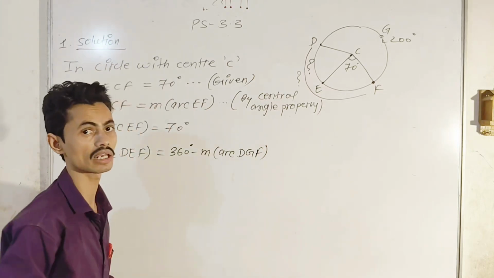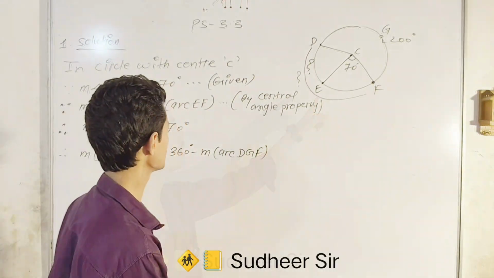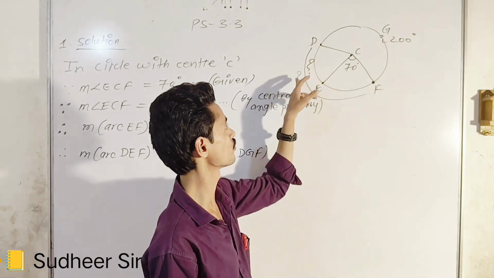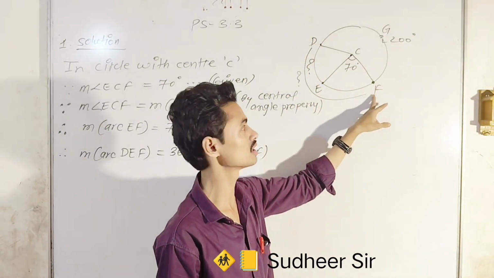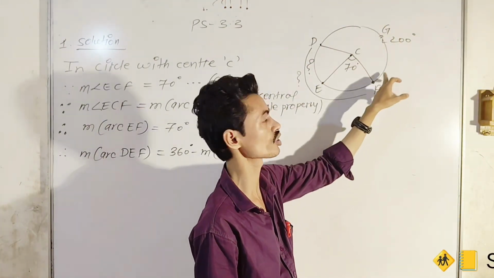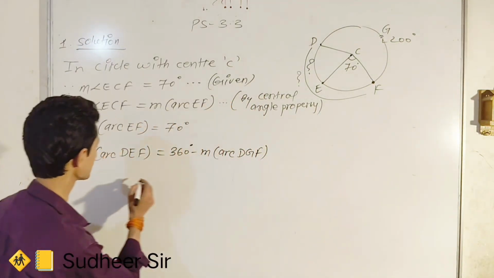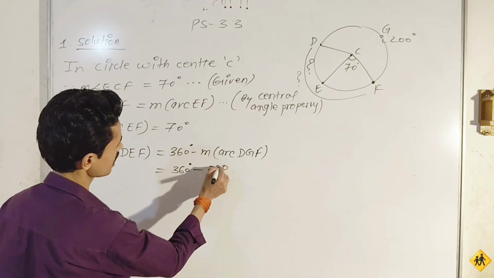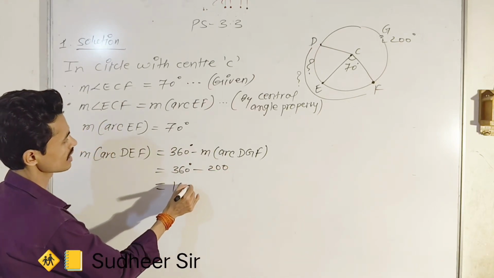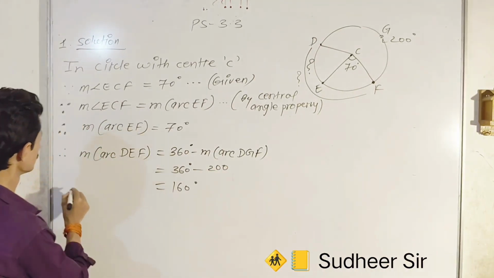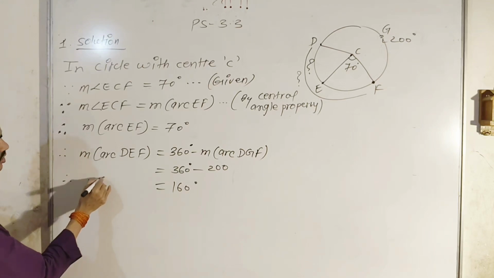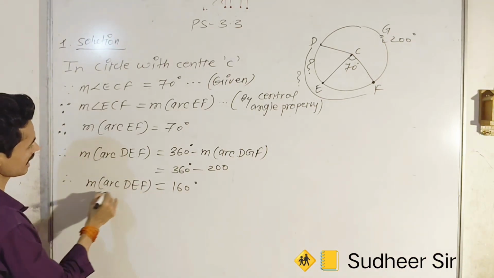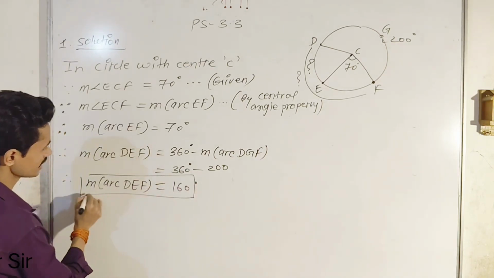I have written this step because a circle is 360 degrees, and we have to find this arc measure, so we subtract the 200. So 360 degrees minus 200 is equal to 160 degrees. So we got the measure of arc DEF as 160 degrees.